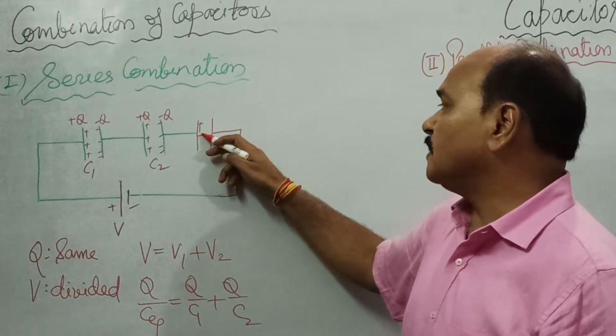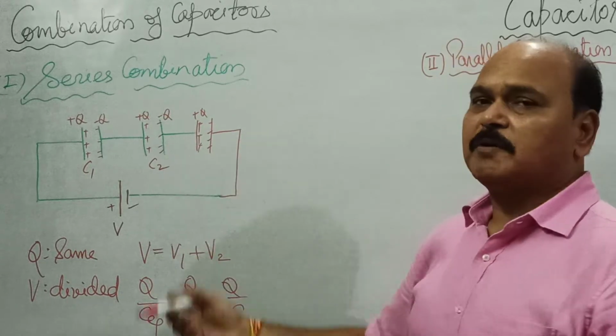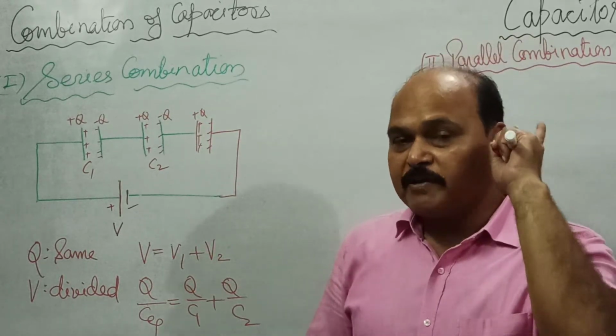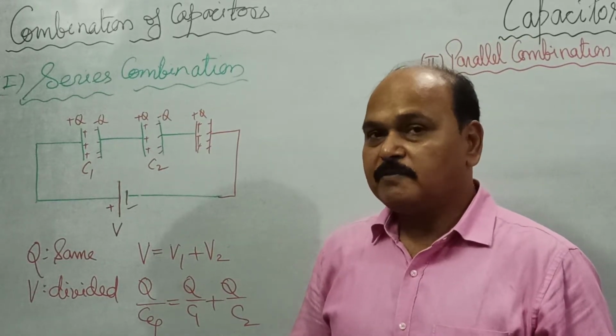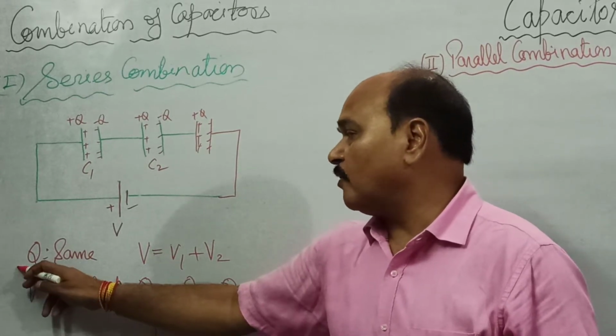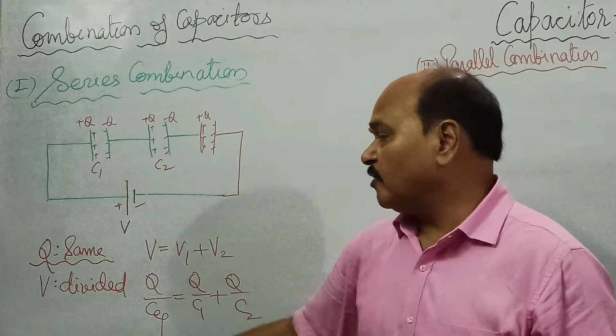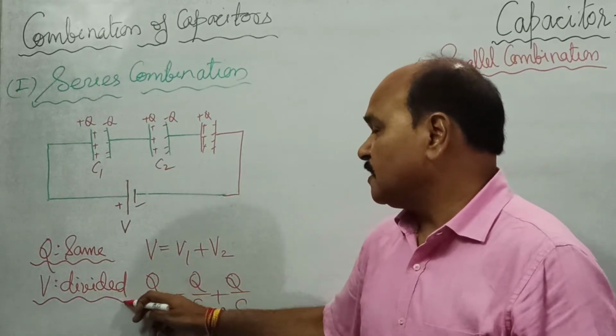Q, that is plus Q here and minus Q here. So whatever may be the number of capacitors connected in series, every capacitor will have the same value of charge over plates, plus Q and minus Q. So the value of charge over all the capacitors connected in series remains the same. Whereas the value of potential is distributed.